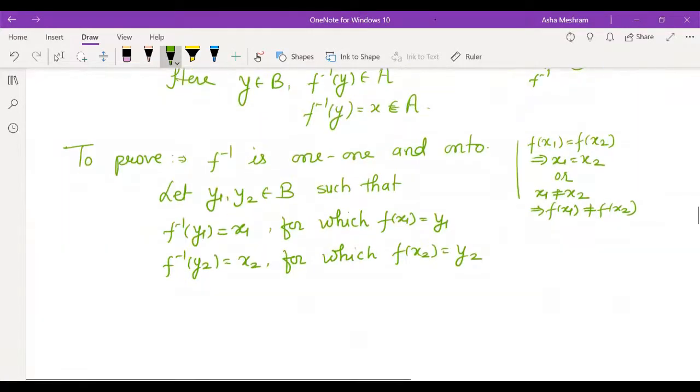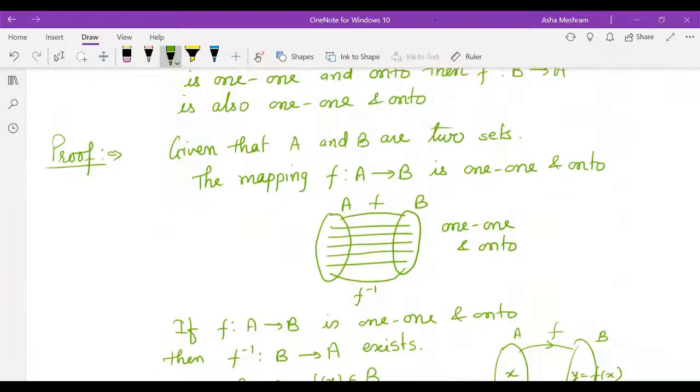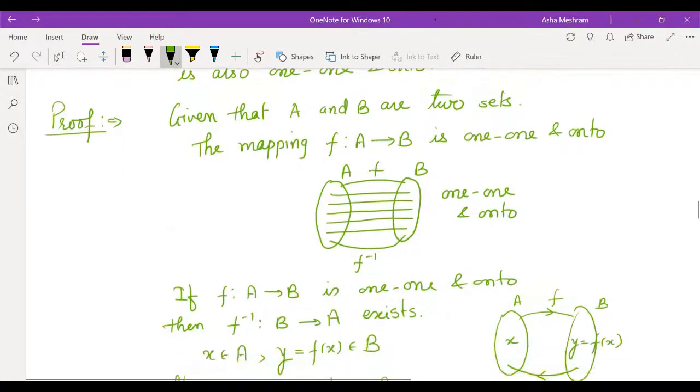So we have defined these mappings. That was the statement: we have to prove f inverse is also 1 1 and onto.